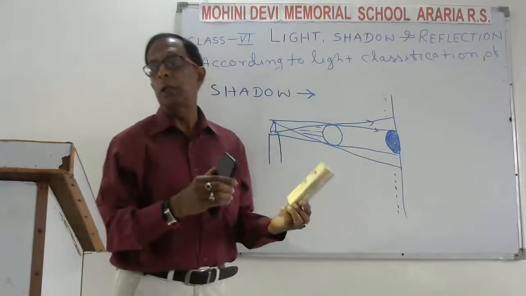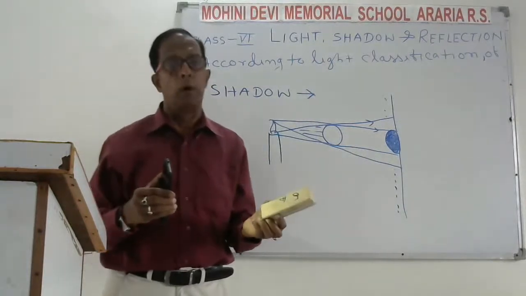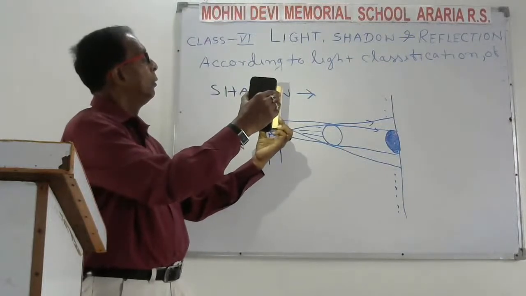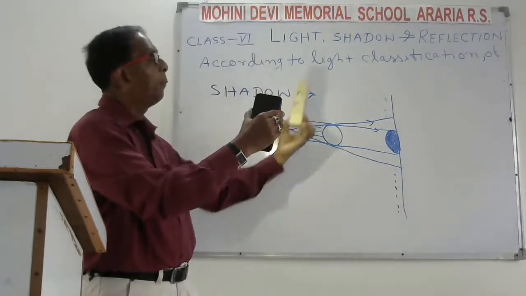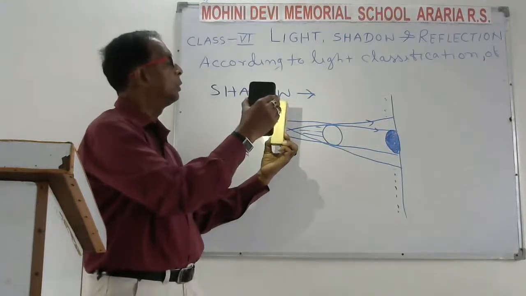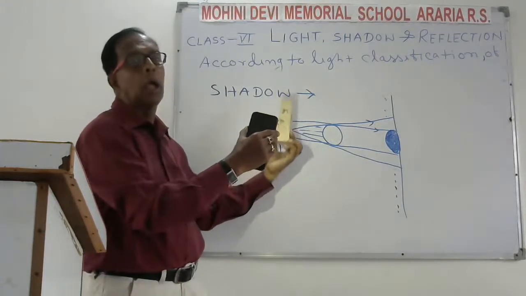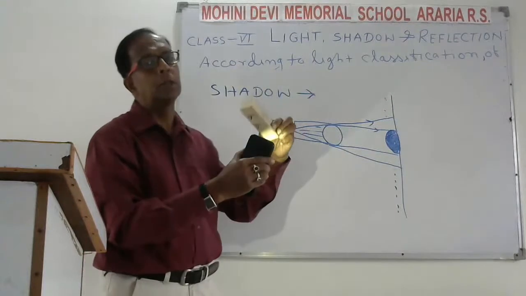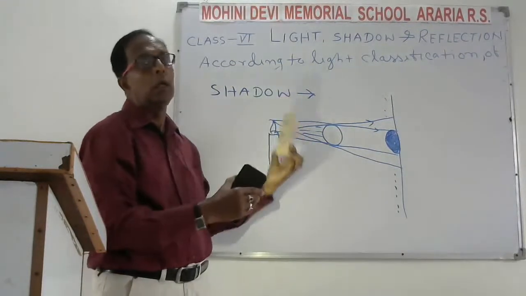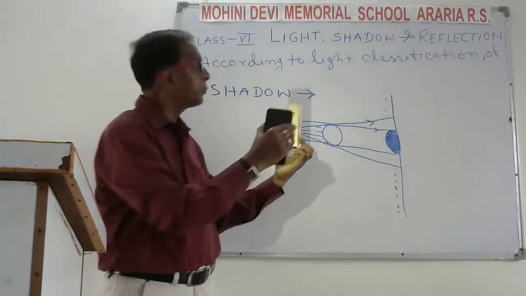You have to understand how the shadow is formed. It means a shadow is formed when an opaque object, the duster, comes between the source of light and a screen, and the color of the shadow is black, my children.